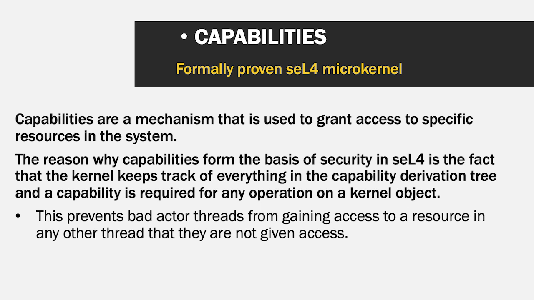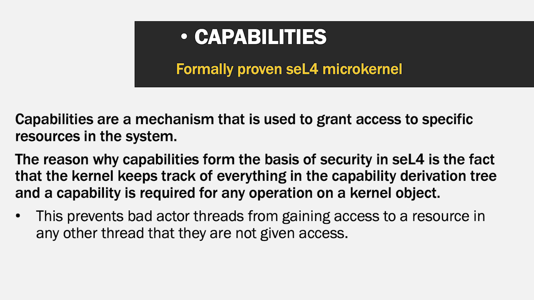So your virtual mappings from virtual addresses to physical addresses, there are capabilities for those. Objects that you use for IPC have a capability, as well as interrupts. Each interrupt has its own capability. So you see basically every resource in the system that the kernel knows about has a capability.